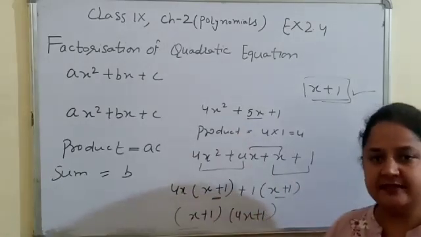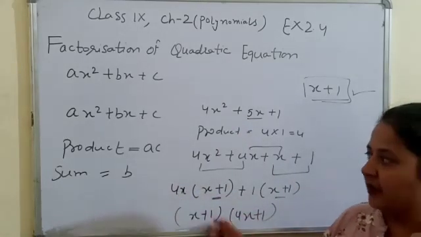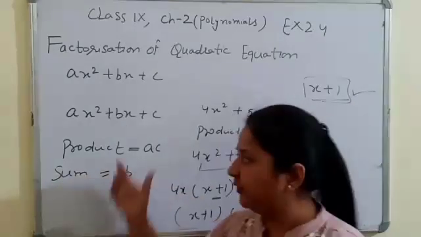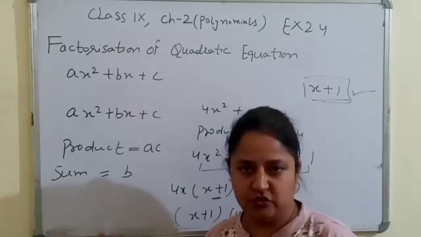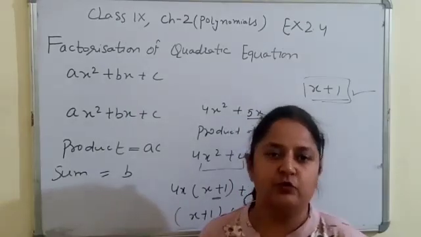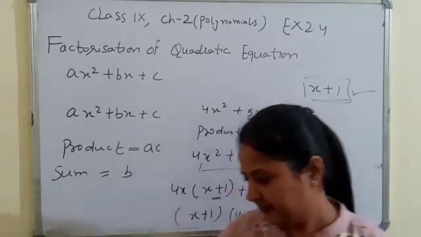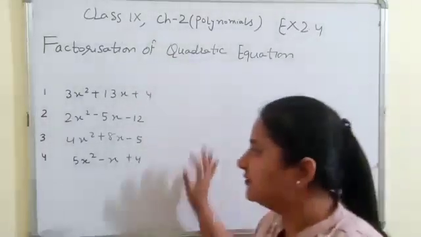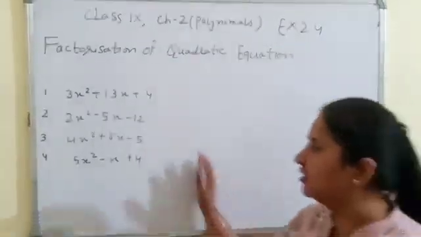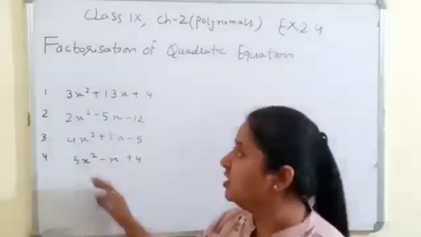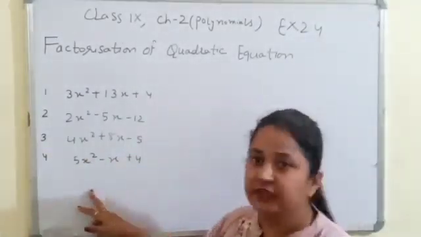Before starting exercise 2.4, I am going to explain 4 different types of quadratic equations by taking different signs and different situations, so that it will help you a lot while doing the exercise. Yes students, here you can see I have written 4 quadratic equations, and these 4 equations have different signs.